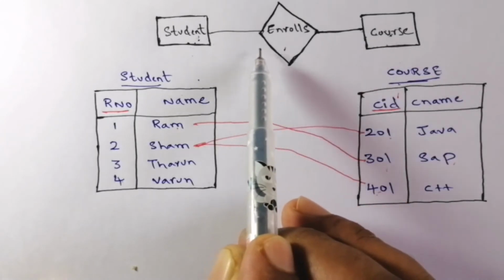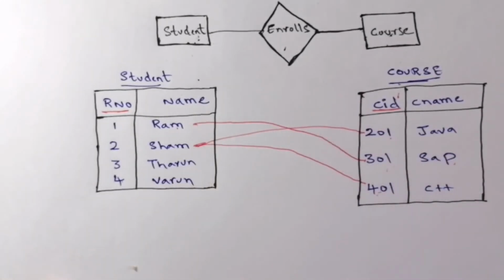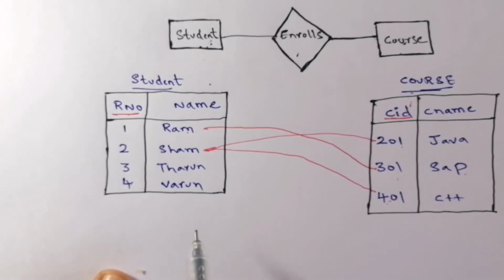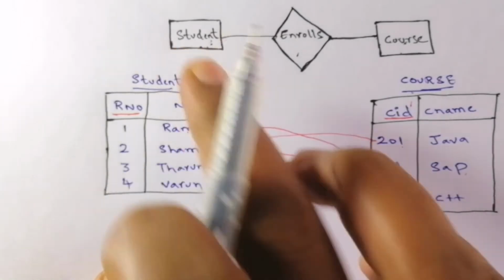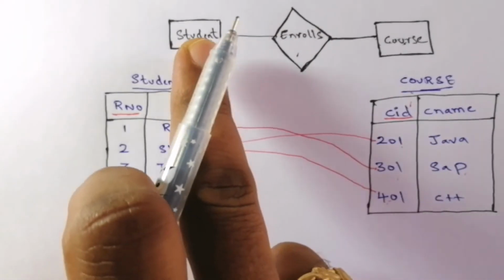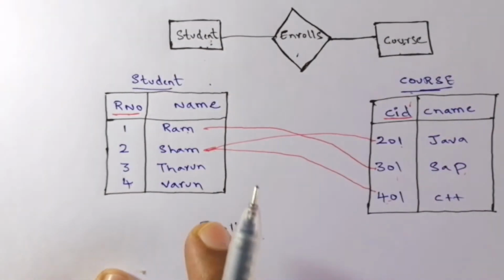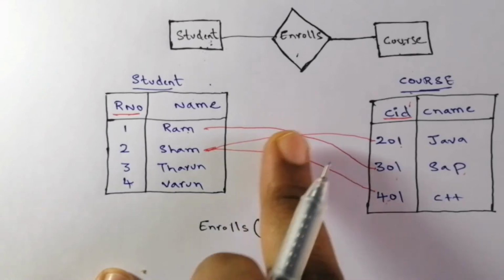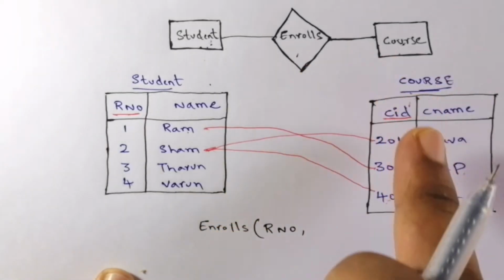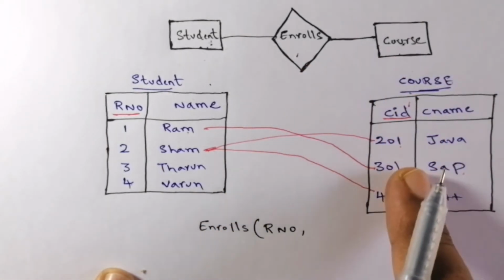It takes the primary key attributes. So enrolls is also going to be a relation, and it contains the primary keys of its associated entities. For the student, the primary key is the roll number, so it contains the roll number, and for the other associated entity, the course, it contains its primary key, that is CID.